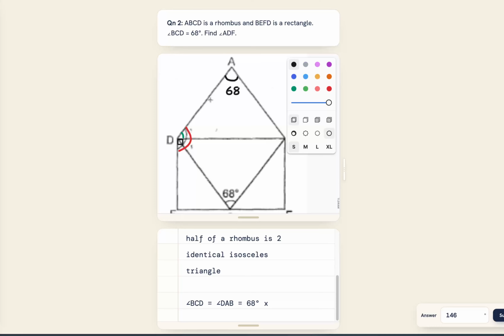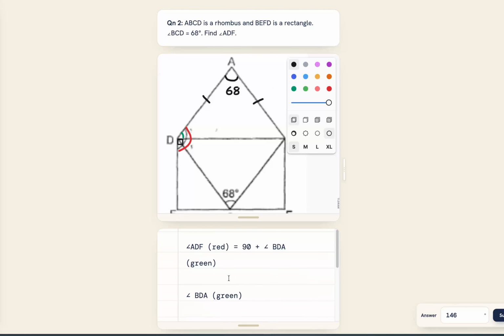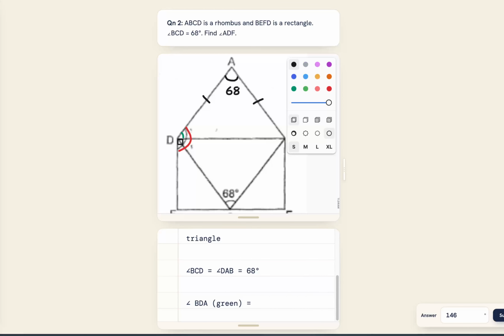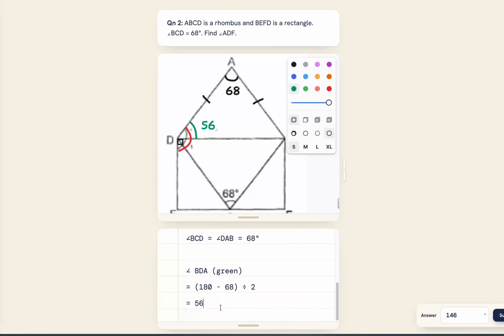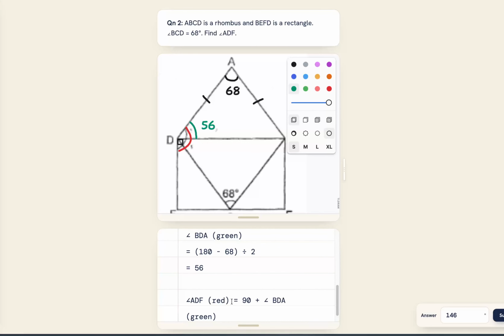Since rhombus has equal sides, angle BDA is equal to 180 minus 68, and then we divide it by 2, and this will give us 56 degrees. So once we know BDA is 56 degrees, ADF is 90 plus 56, and this will be 146 degrees.